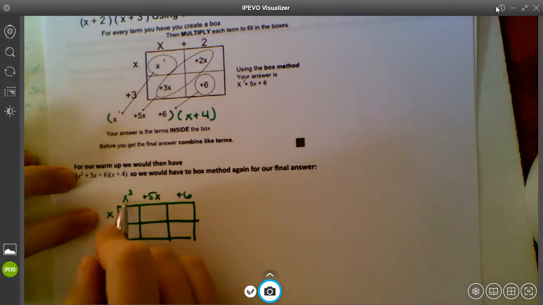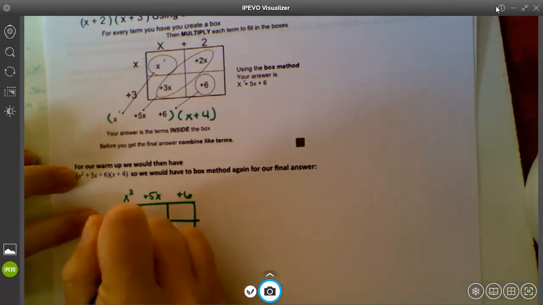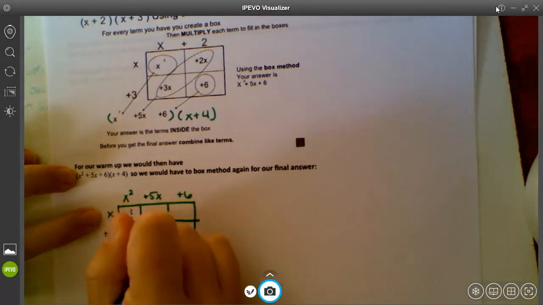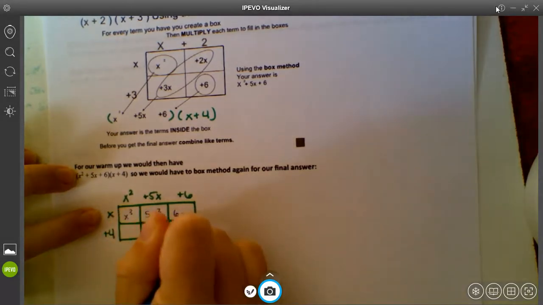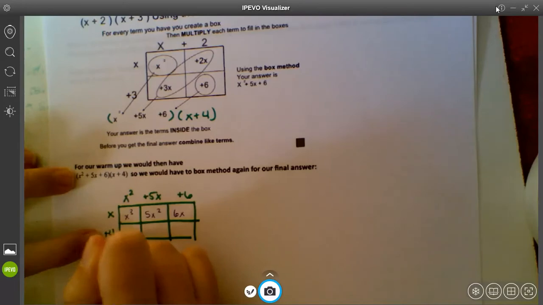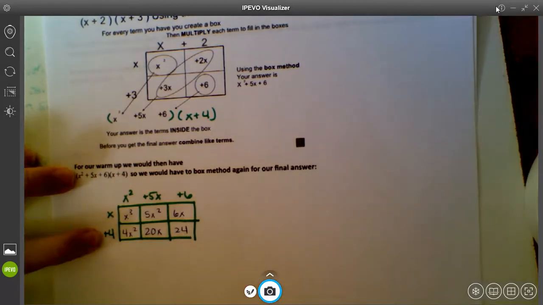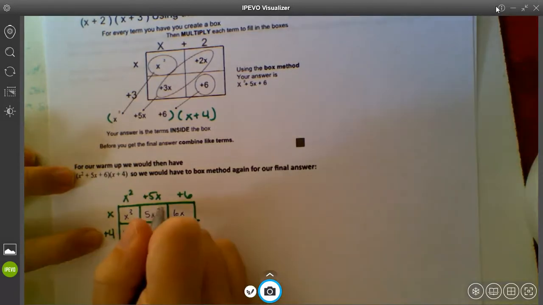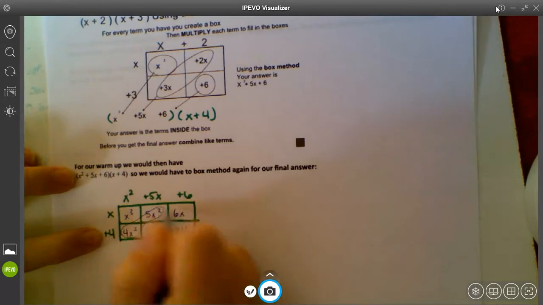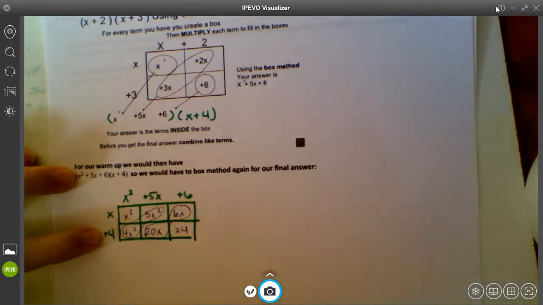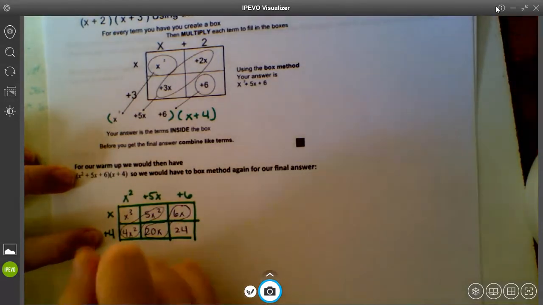So x times x squared is x cubed. 5x times x is 5x squared. And then I have a 6x. I have a 4x squared, 20x, and 24. And then I combine like terms. So here we notice these are x squareds and these are x's, to write my final answer outside of the box.